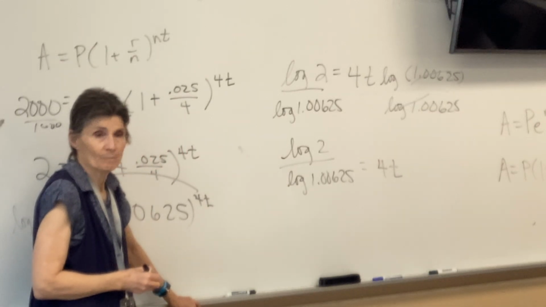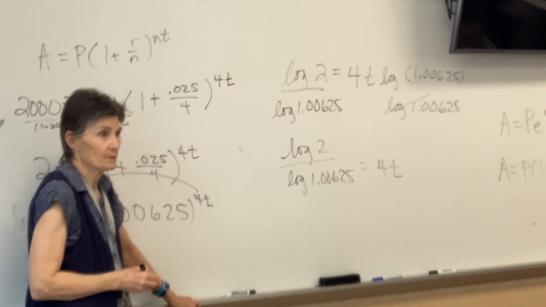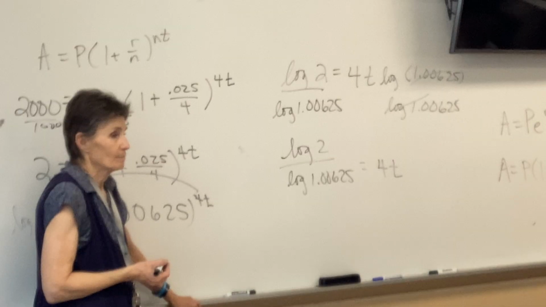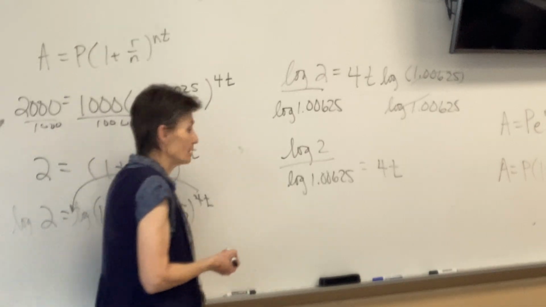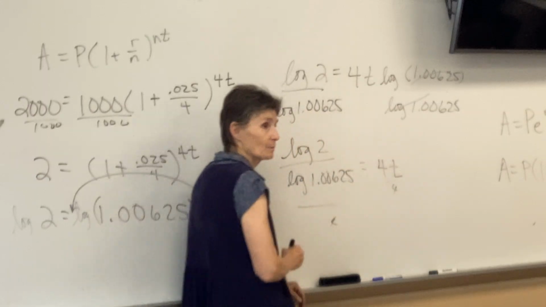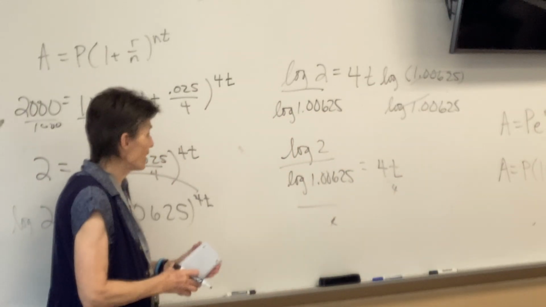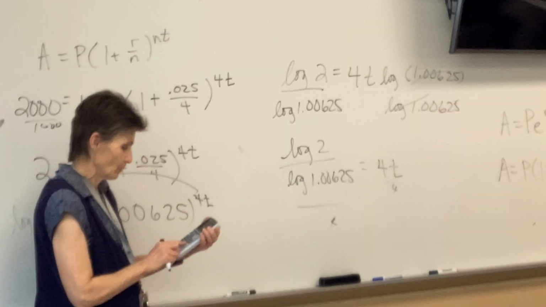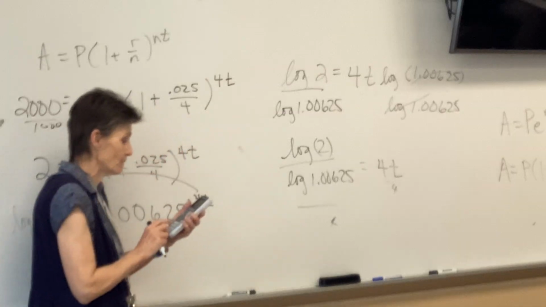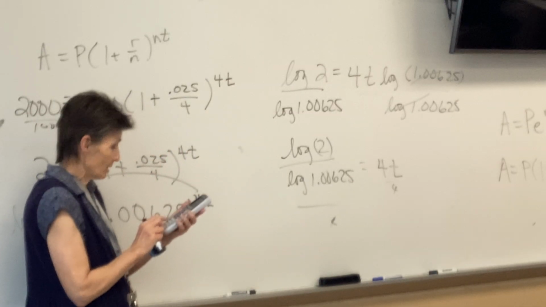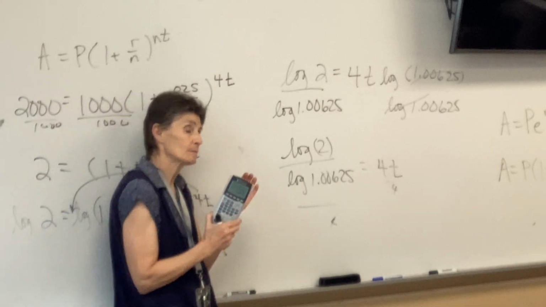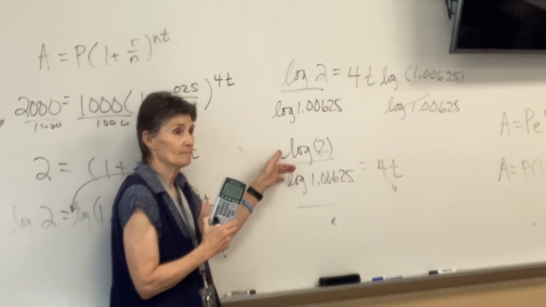Then what will I do to get t by itself? I'm going to divide again. I'm going to take whatever this is and divide it by 4. So I'm going to type that top in first: log 2, and don't forget to close the parentheses if your calculator doesn't do it for you, divided by log 1.00625.